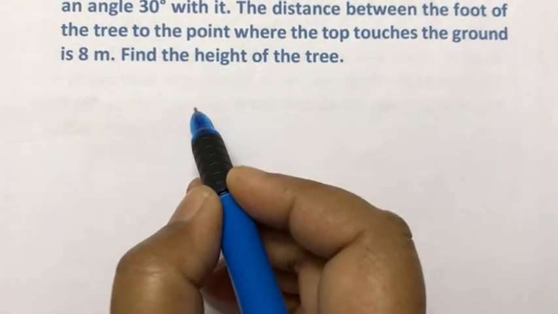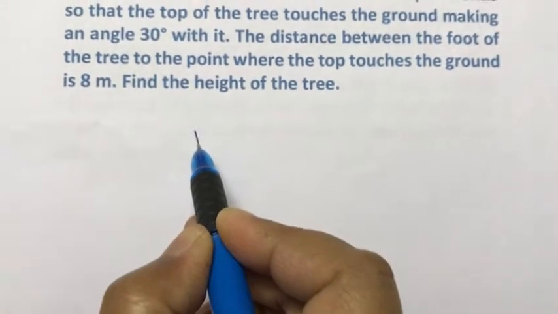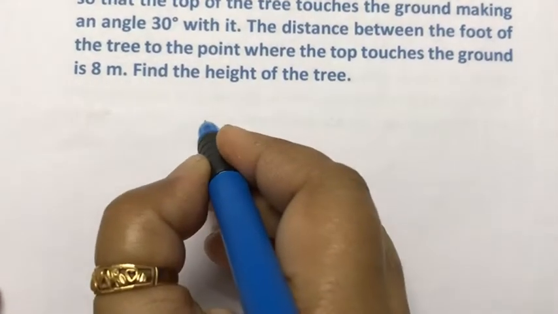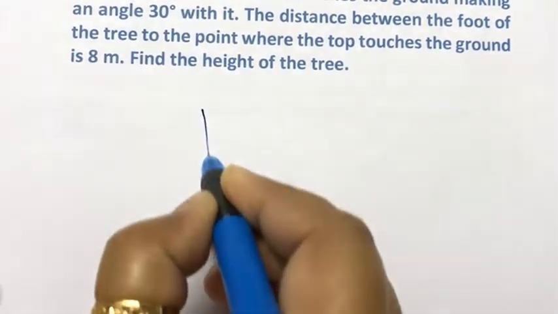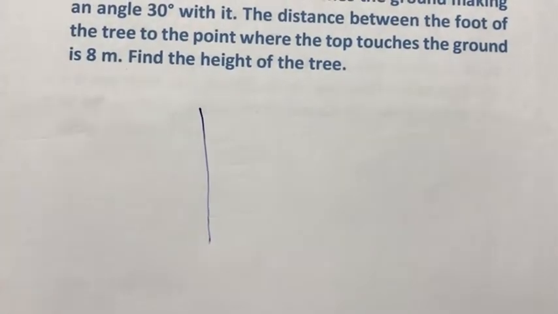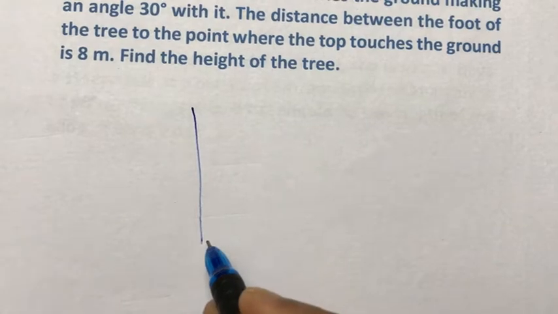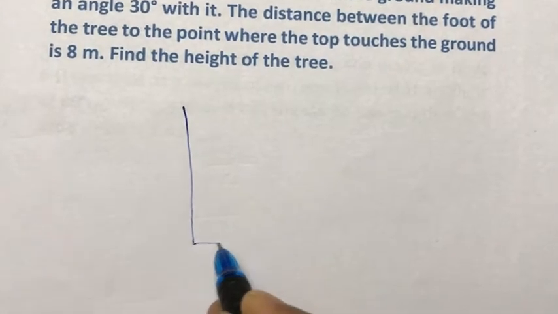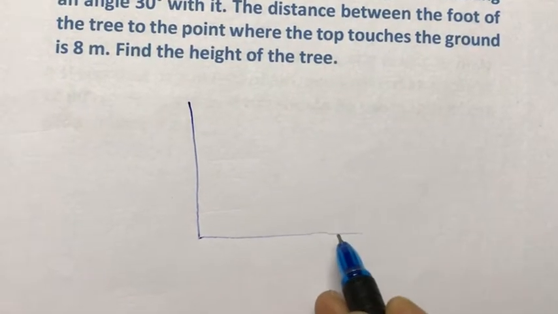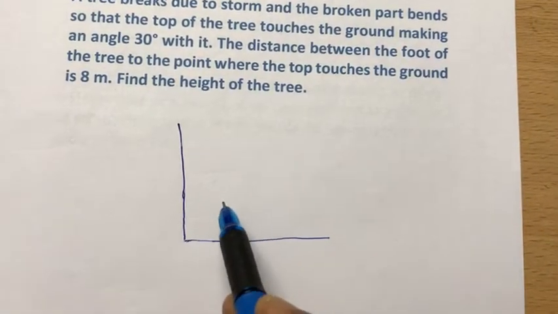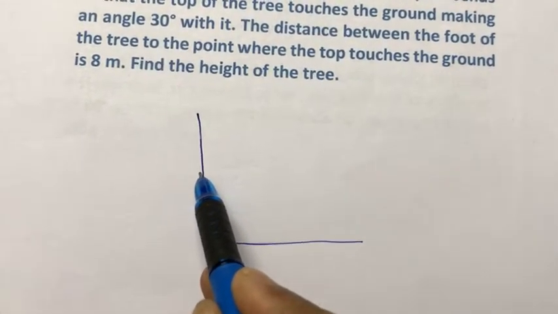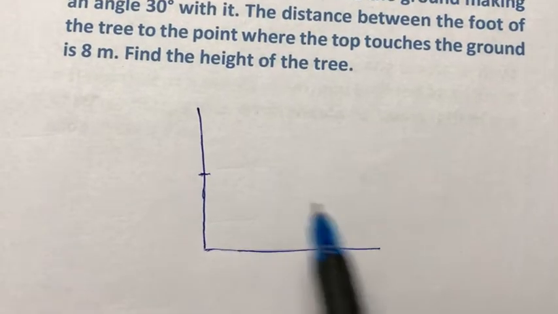So let this be the tree. Okay. Now what do you have? So this is the ground. So now this tree is broken at this end.